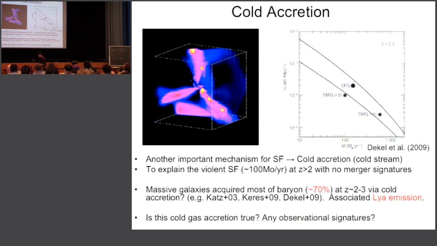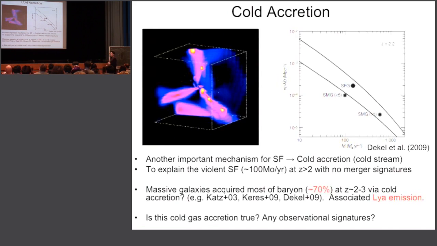So the next difficulty of star formation is the possible existence of the cold accretion. I think many of you already know that from the early 2000s numerical simulations show the cold accretion or cold stream. So the idea is that cold gas, well, it's not very cold, but 10 to the 4th Kelvin gas is falling into the halos through the filaments of the large-scale structures like this.